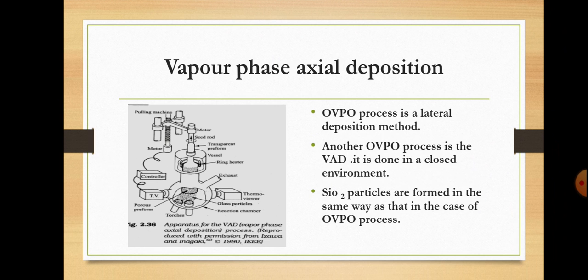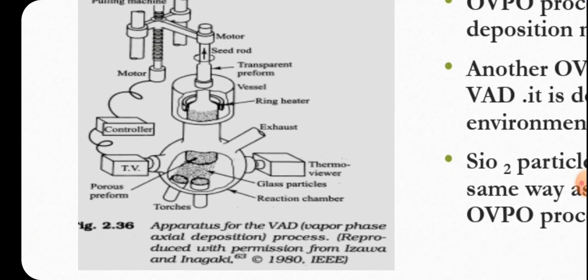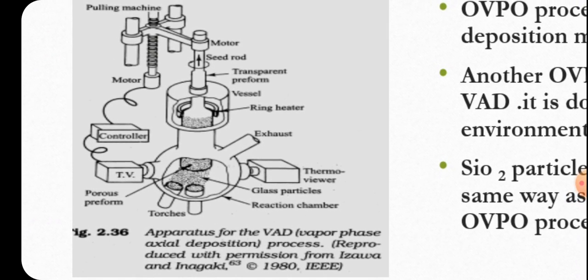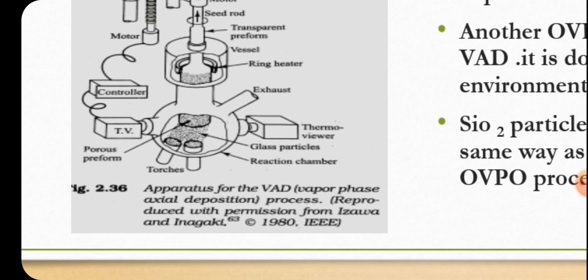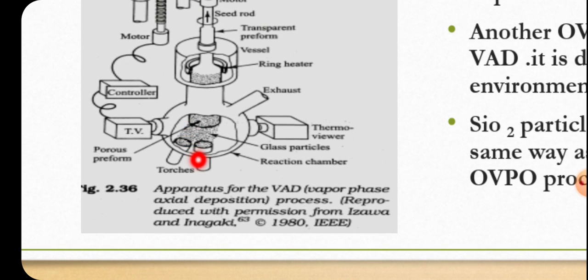In this case also, you can see torches are provided here, and these torches will give the SiO2 particles. It will give a porous preform, that is, porous SiO2 particles formed by this reaction.